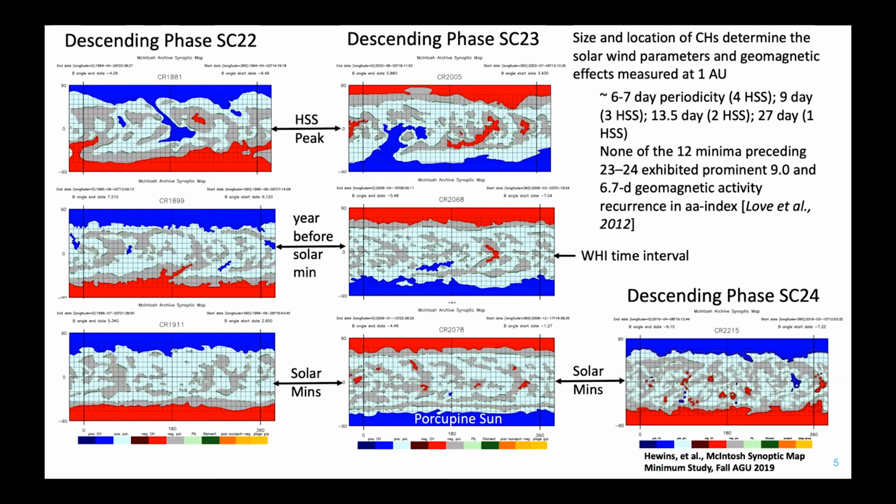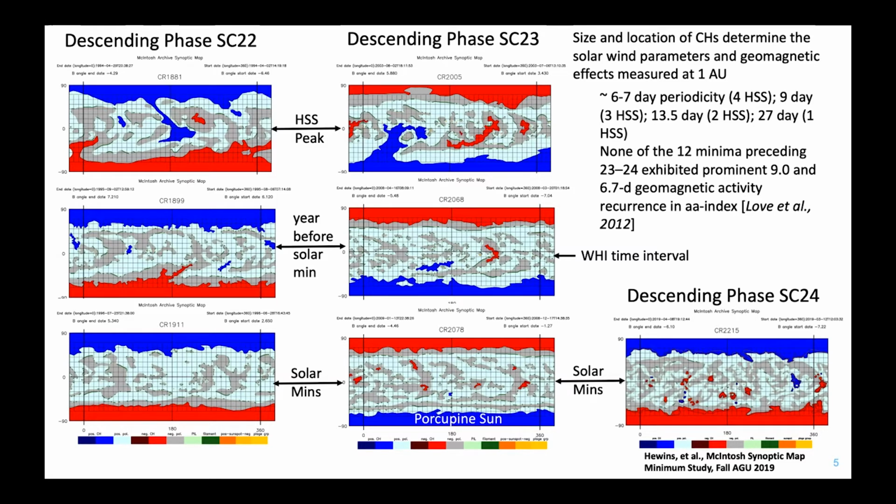All right. So it's interesting, the properties of the coronal holes and how that translates down into what happens in geospace. There was a very big difference in the coronal hole patterns and sizes between 22 and 23. And in 23, there were many times four coronal holes at the same time, rotating around. And it gave a really nice fingerprint of 6 to 7 day periodicity for the four streams.